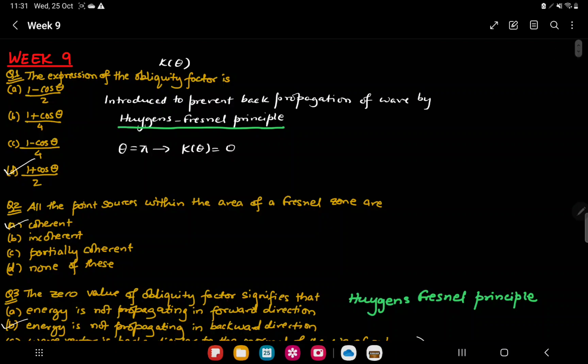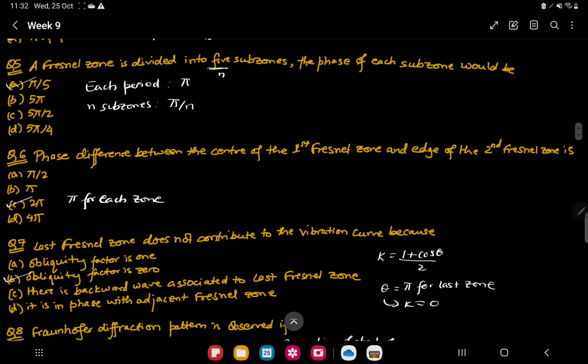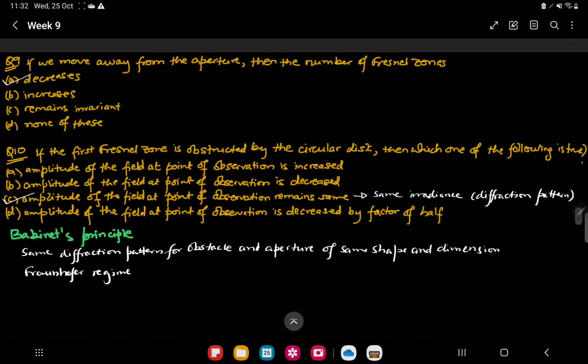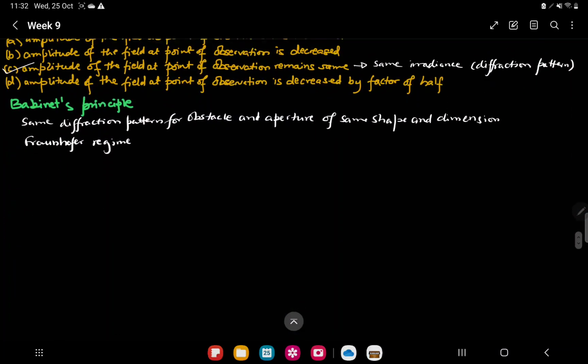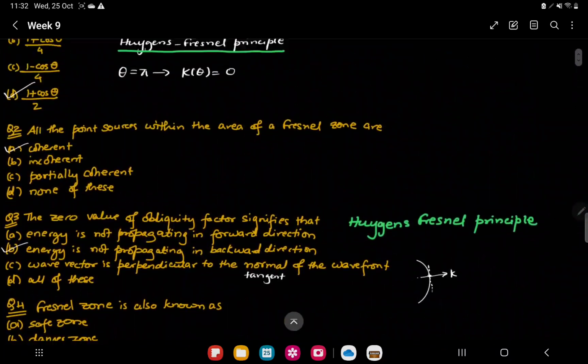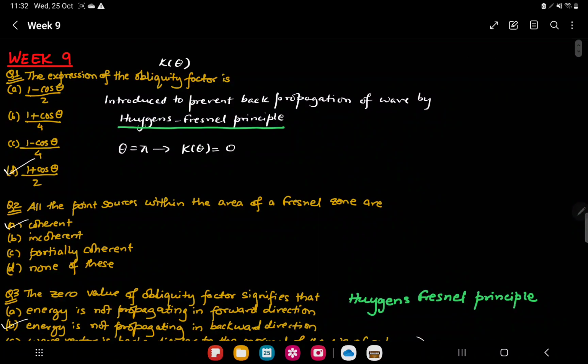Now week 9. Week 9 we were introduced to the concept of Fresnel diffraction and Fresnel half period zones. Obliquity factor was introduced to prevent back propagation of wave by the Huygens-Fresnel principle, and the expression is (1 plus cos theta) by 2.